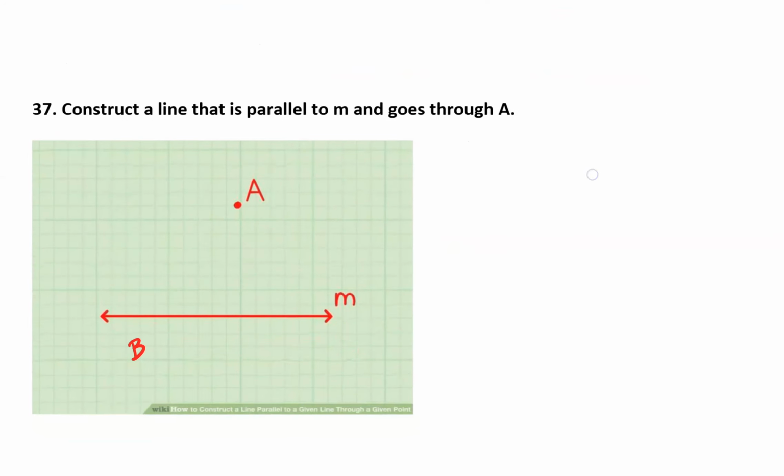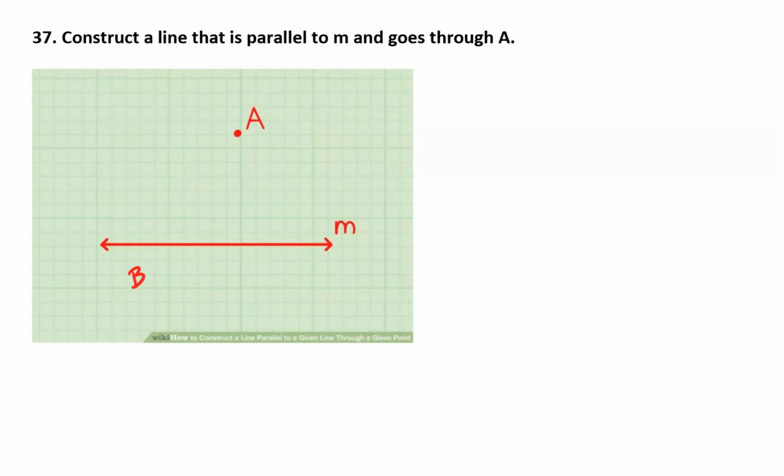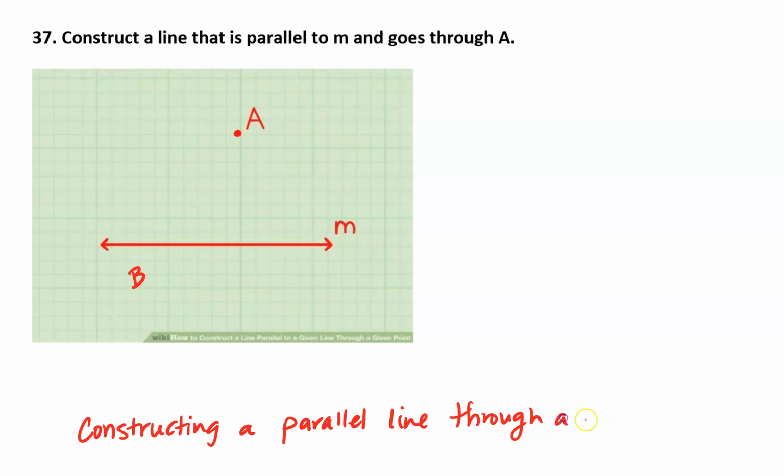All right, this construction, I'm going to give you a YouTube video you can go look at. If you search constructing a parallel line through a given point, the video I watched was HCC Math Help.